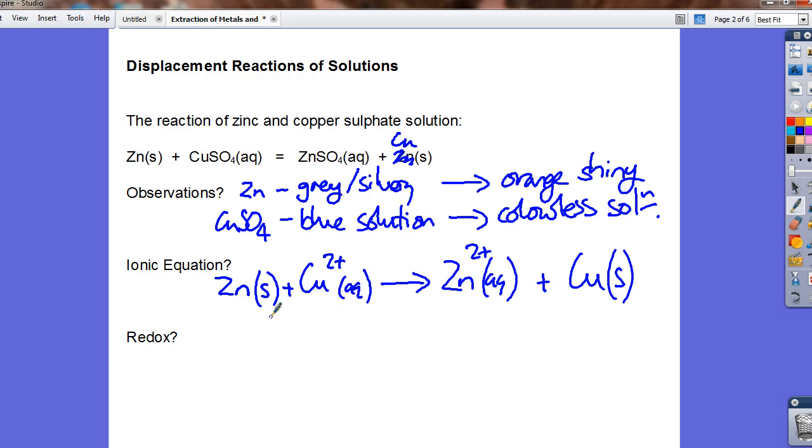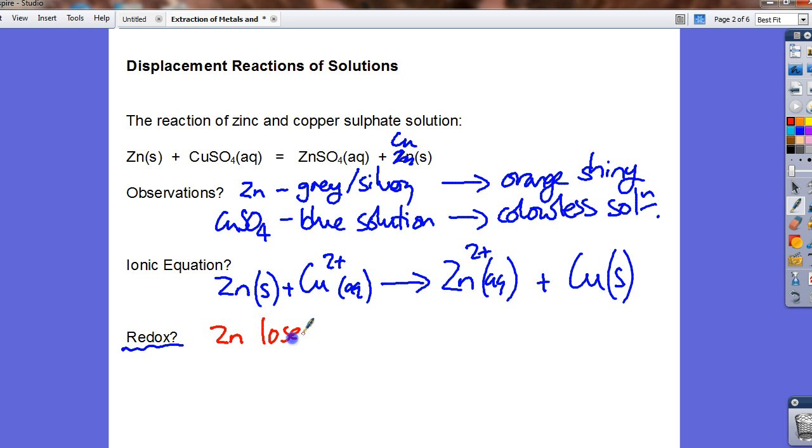And then I've written here, as a reminder to myself really, is it a redox reaction? Well, let's have a look. The zinc goes from being neutral to being 2 plus. How does it go from being neutral to being 2 plus? Well, if it becomes positive, it's lost negative particles. It's lost electrons.